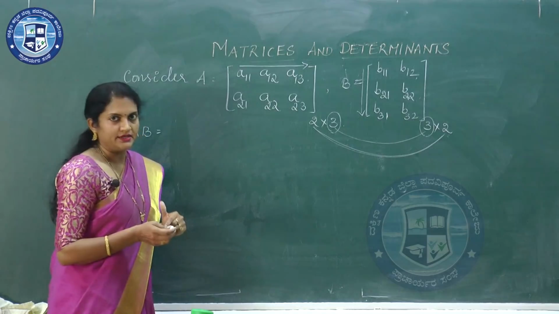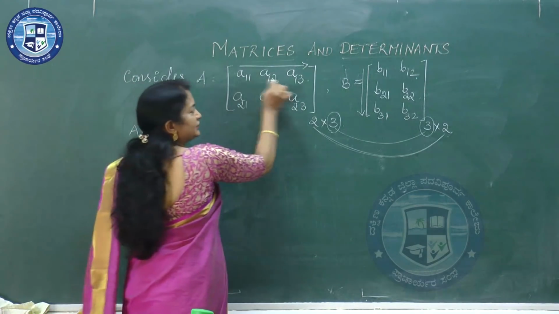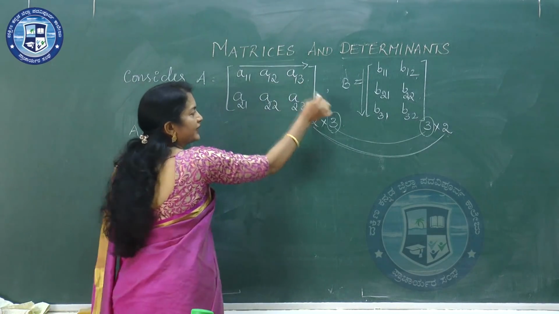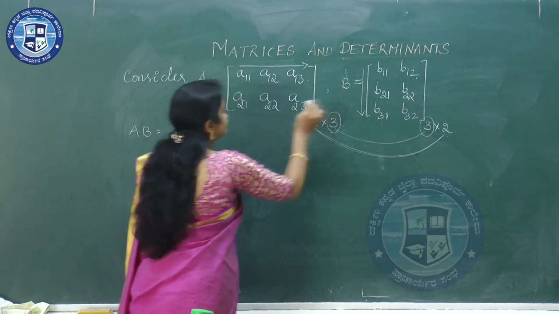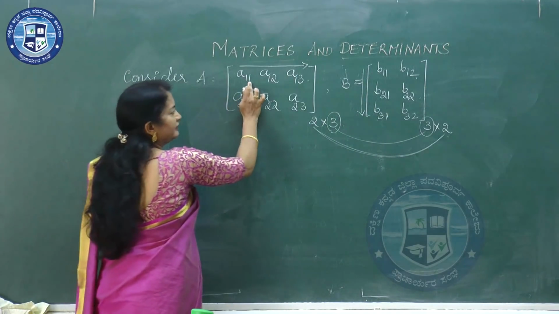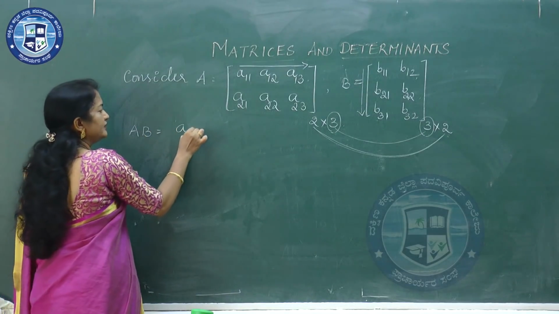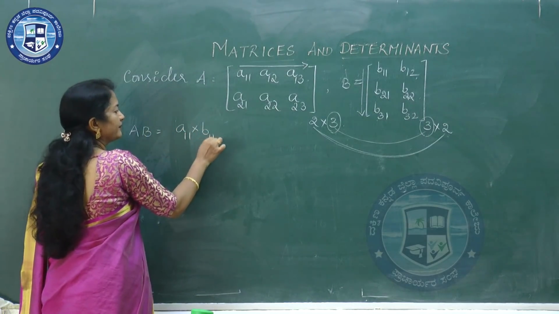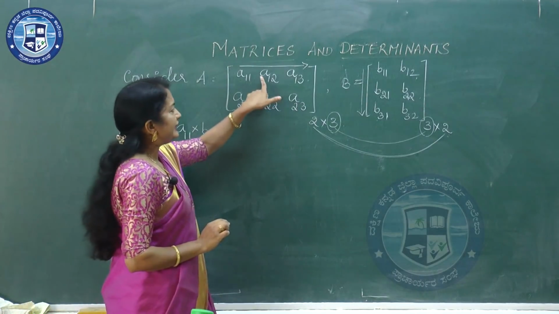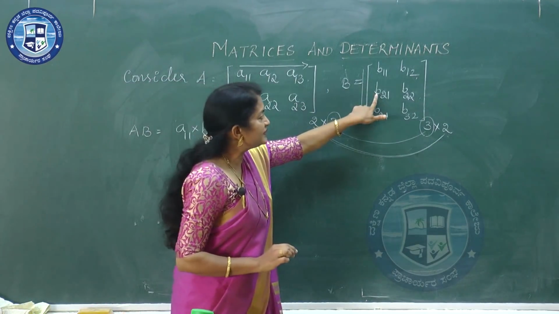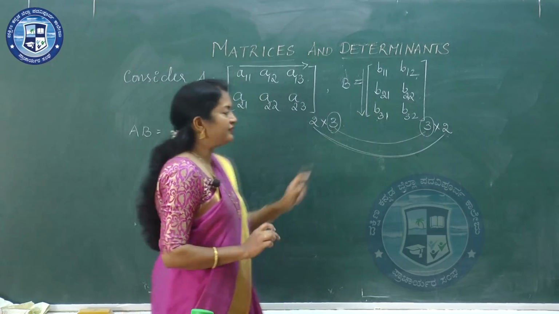How is it done? Consider the first row and the first column: A11 into B11. Next, A12 into the second element B21 we will be doing.